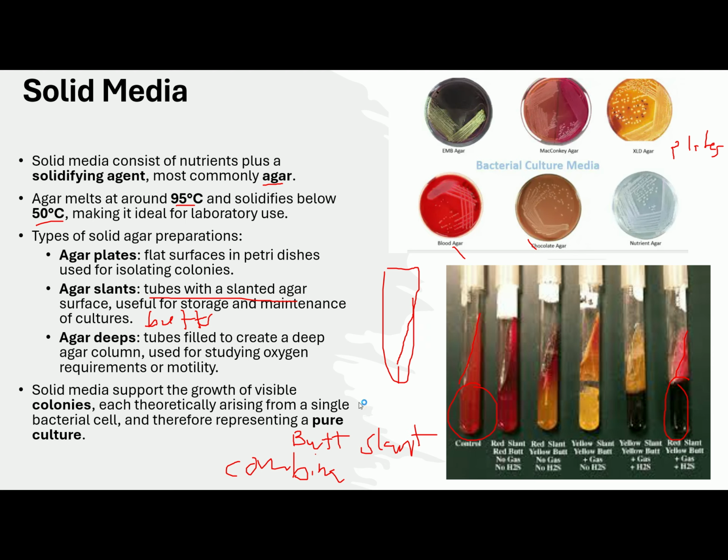That's how your slant looks. But if it's a butt or a dip, the slant is short, it's mostly dip. But if it's a butt slant, the combination, the slant is long and the dip or butt is also big. So that's the different types of solid media: the plates, the slants, the dips or butts, and the butt slant.